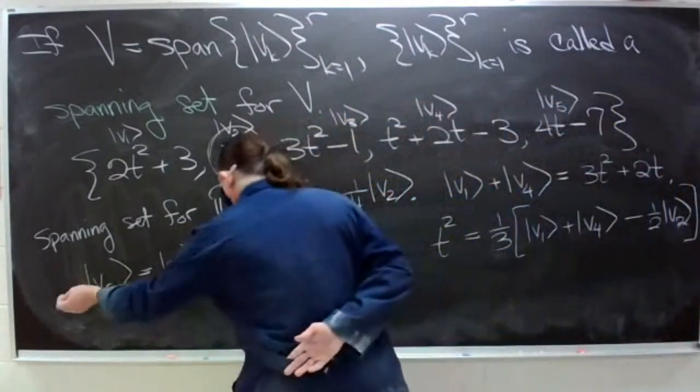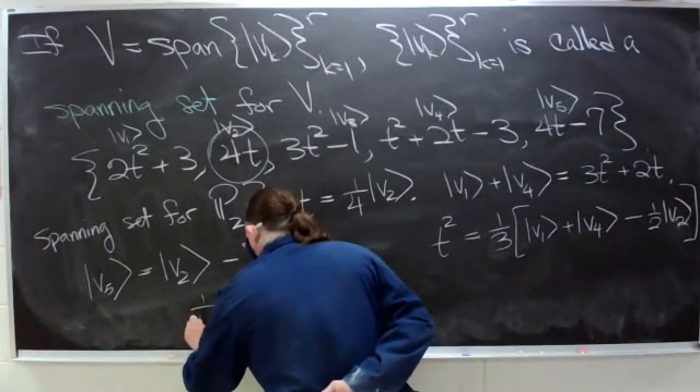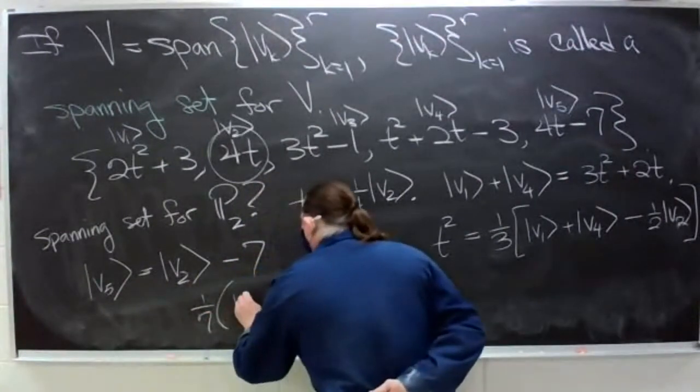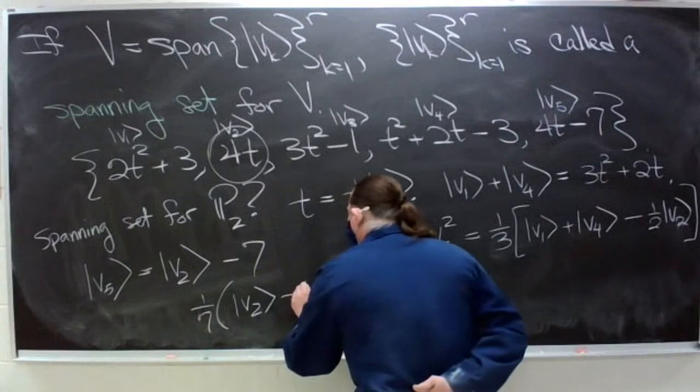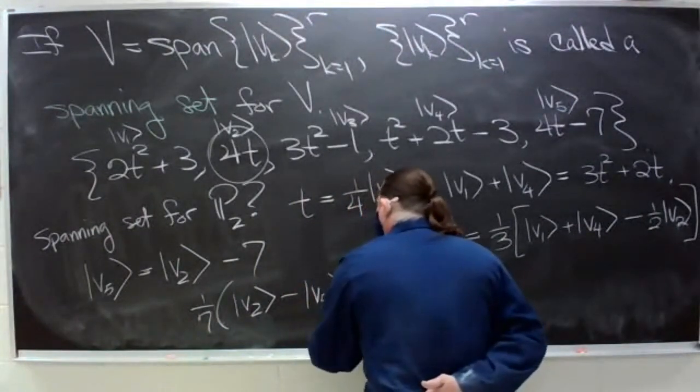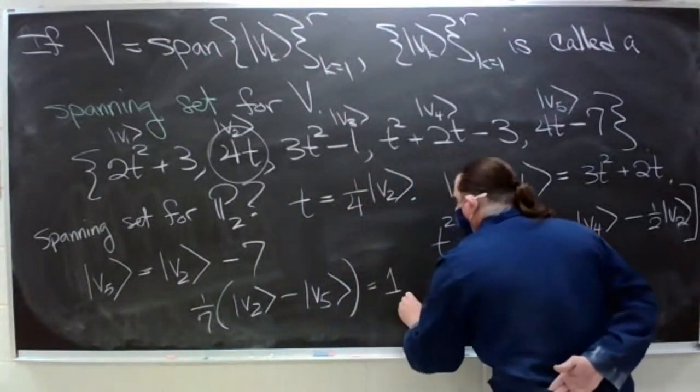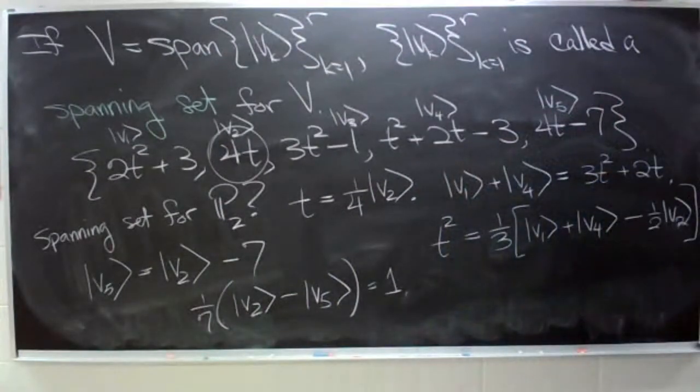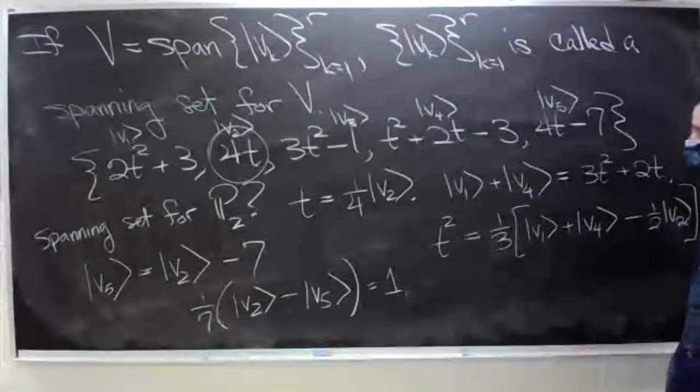So that means that one-seventh of v2 minus v5 is equal to 1. All right, so what have we used so far? 1, 2, 4, and 5. It's kind of interesting.